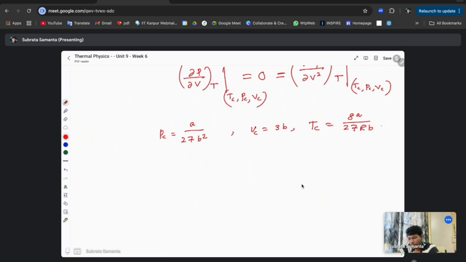Here Pc is the critical pressure, Vc is the critical volume, and Tc is the critical temperature.